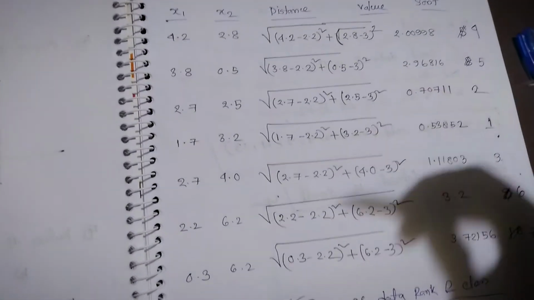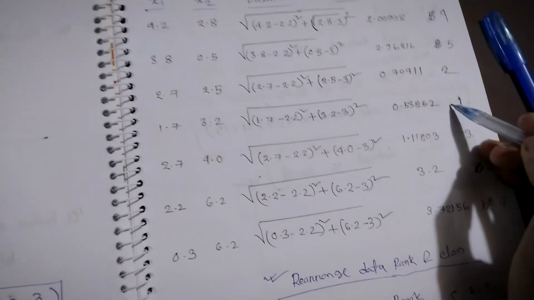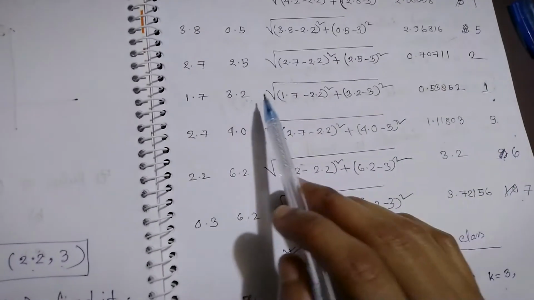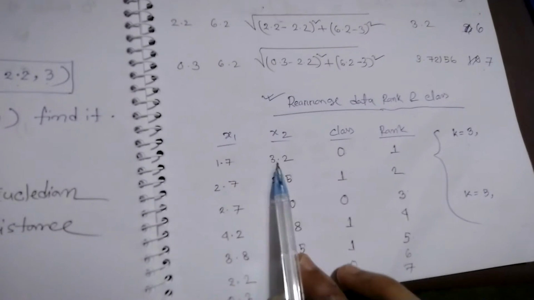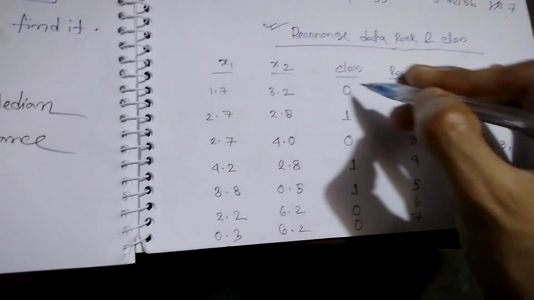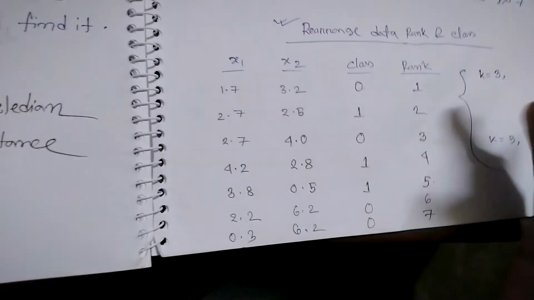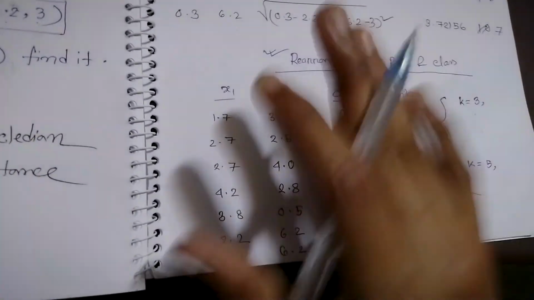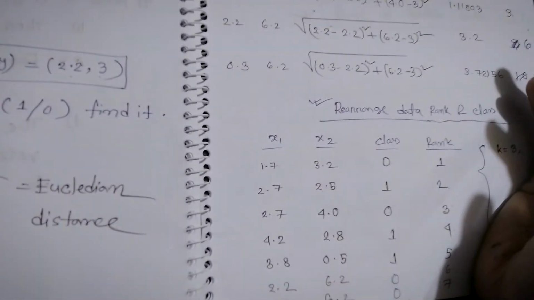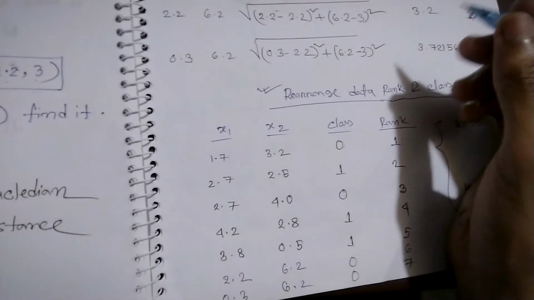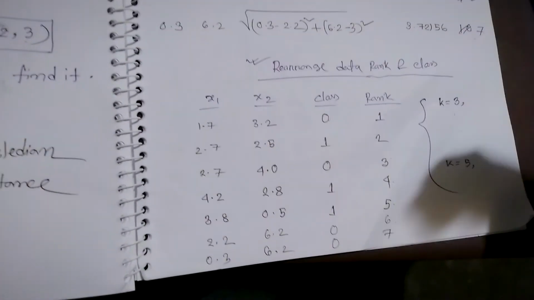This is the way we sort our values, and within the sorted values we just add all those data points and their classes. In this way you organize all of those things and take 3 values or 5, whichever you choose. So this is the main thing you need for the k nearest neighbor algorithm, one of the easiest and most fun algorithms to teach. So I'm starting with this algorithm.